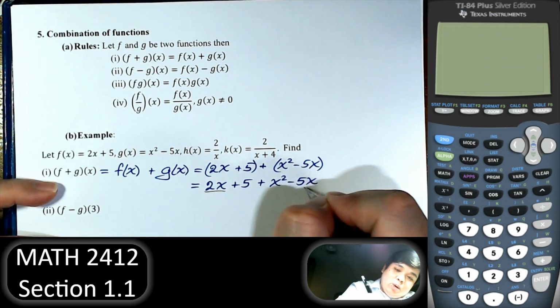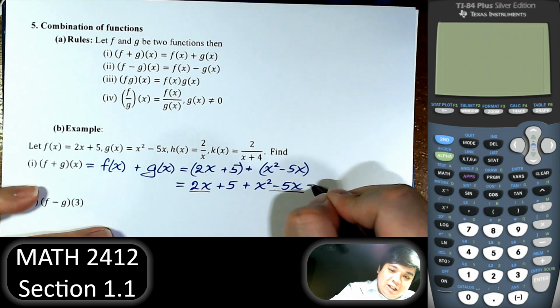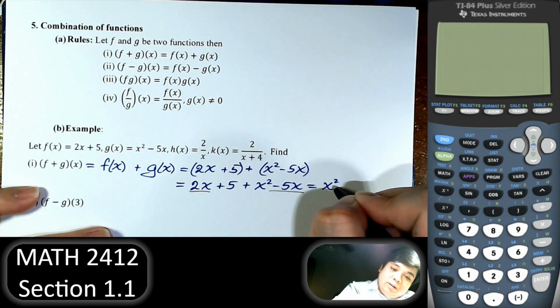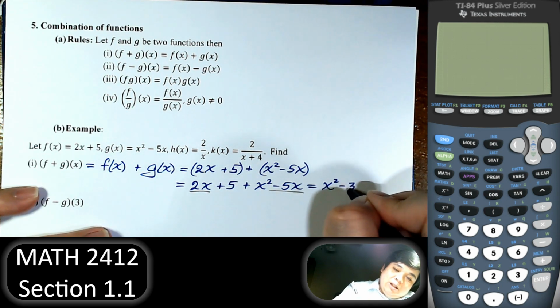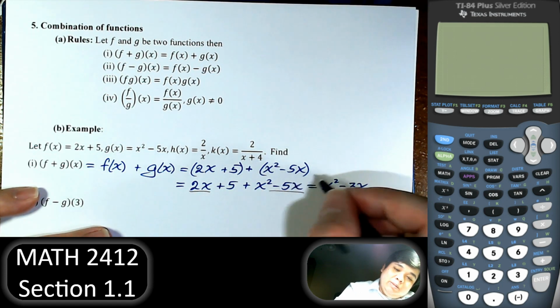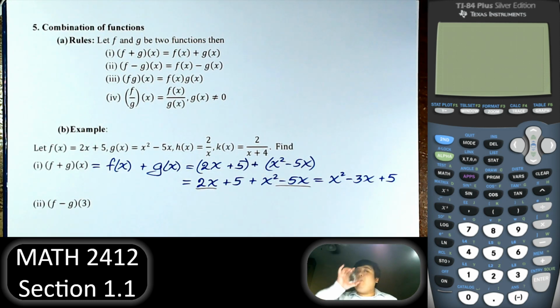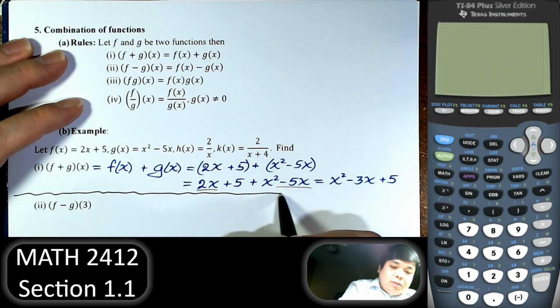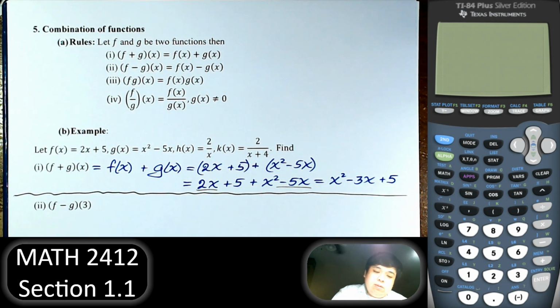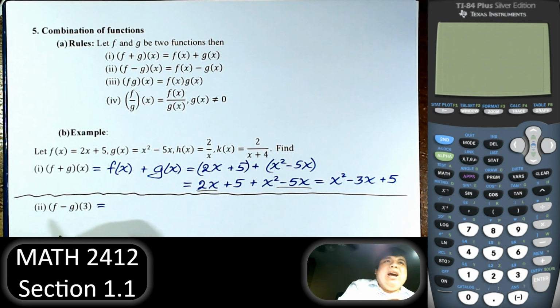Combine like terms, 2x minus 5x. So x squared minus 3x plus 5.